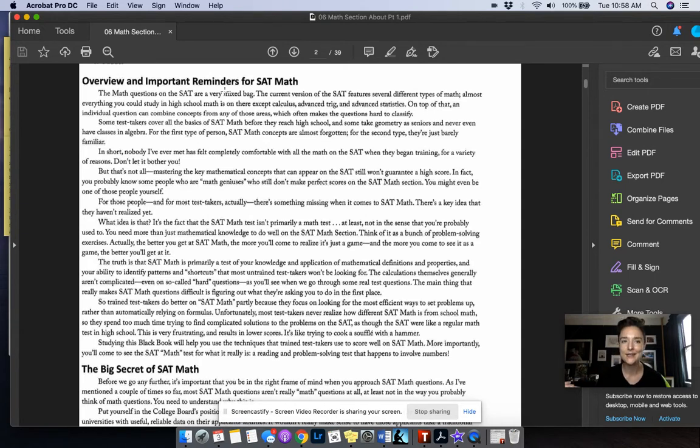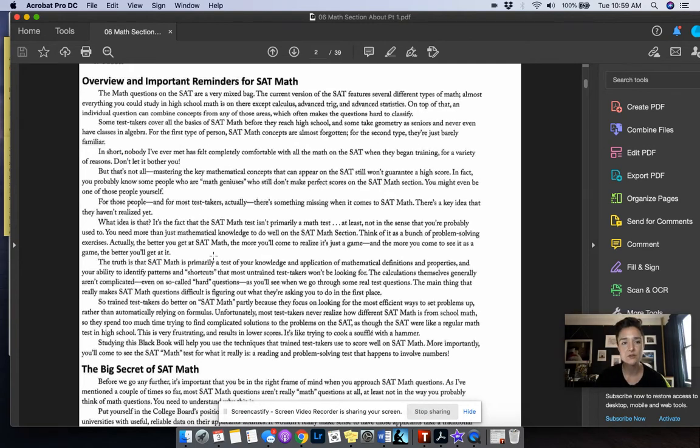The hack to take notes on them is to just write down anything in bold, because that's a section header. And usually the first few sentences are going to give you an idea of what is important to write down. Like for this section, maybe write down some reminders that it isn't a math test, at least not in the sense you're probably used to.